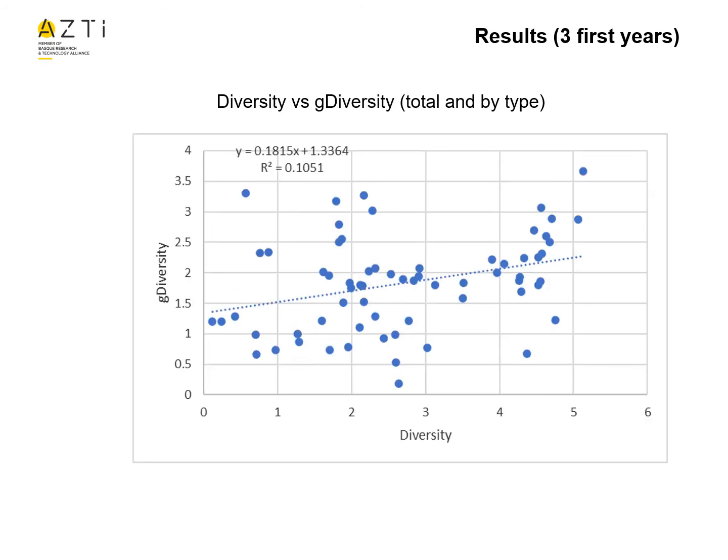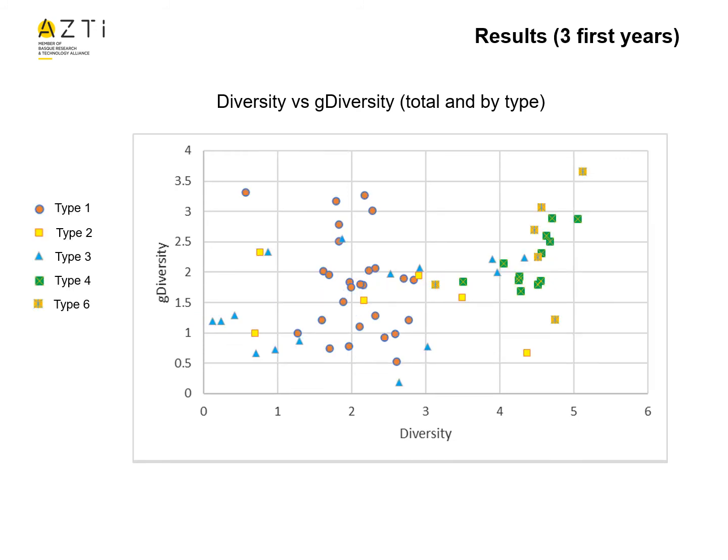When comparing the diversity, the correlation is the worst, and in this case, again with low values for diversity in the case of morphological, and relatively low values, but still high, for diversity based on molecular. And here you have the distribution for the different types.